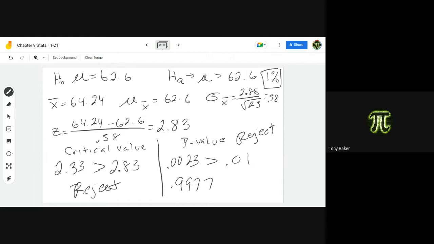Okay. So on your Z table, we've got two sides: the negative side and the positive side. Remember when we're looking at our bell curve, we're always looking from the left side to the right.